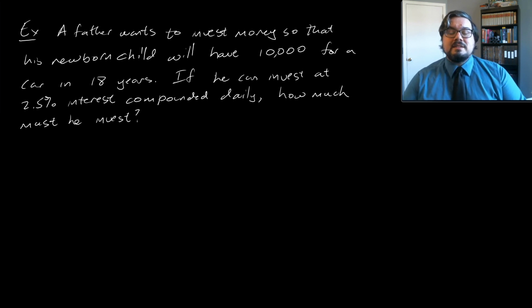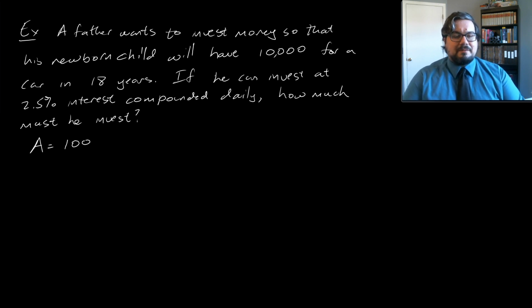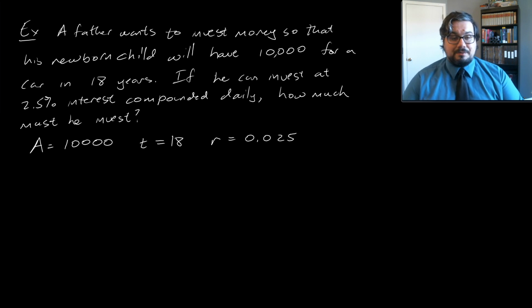All right, so in this case, we know how much the father wants to have at the end of the process, and we're trying to find how much he needs to invest now. So he knows that he wants to have $10,000 at the end of the whole process. We know that this is supposed to happen after 18 years, so that tells us that t is 18. We're told that he can invest at 2.5% interest, so converting that into a decimal, that's 0.025.